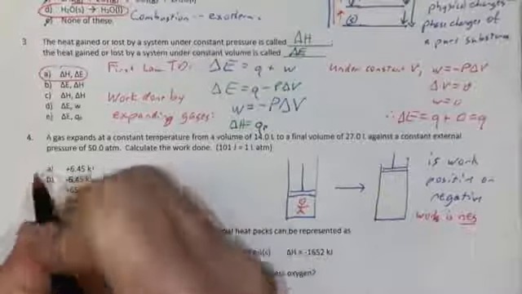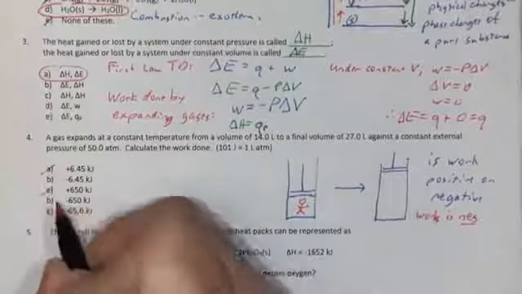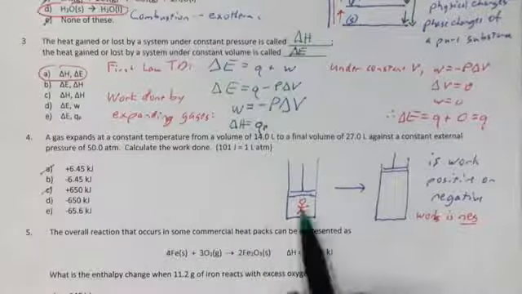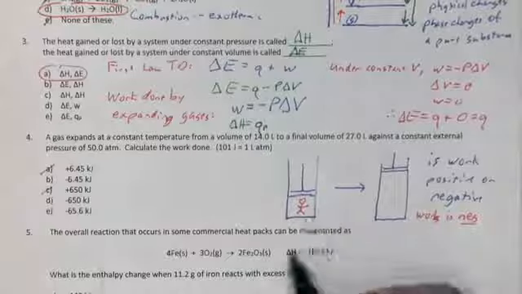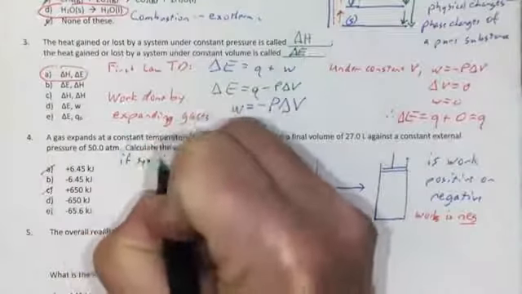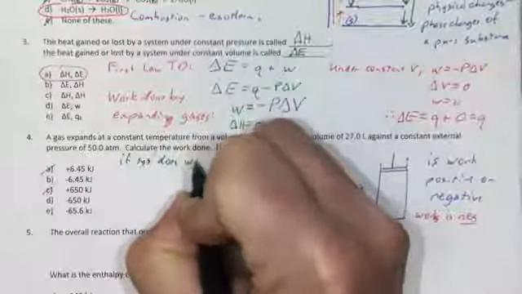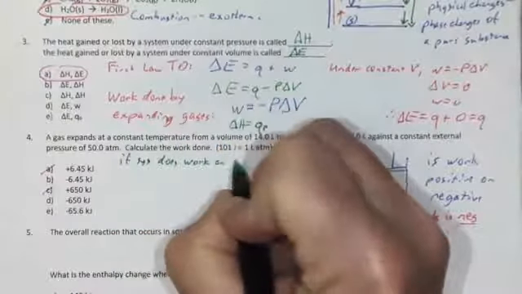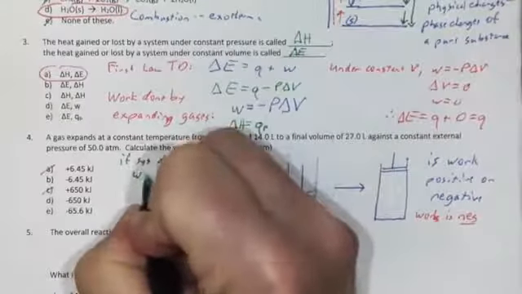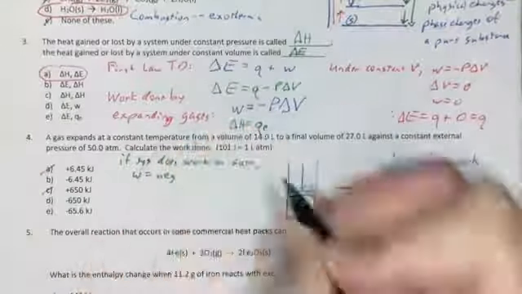And so I can rule out choice A and choice C. Work will have a negative value whenever the system does work. Let's just write this down. If the system does work on the surroundings, then work is negative.